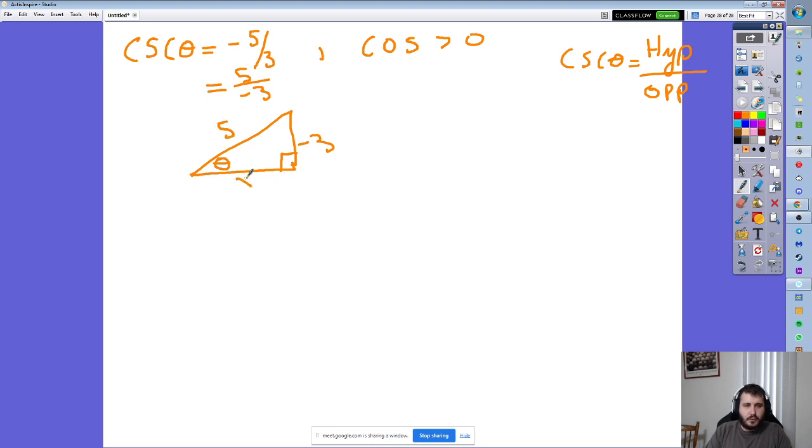And I need that. I don't have it. Because I want to write all 6 trig functions, just like you've seen on Math Excel. It's like, hey, give me all 6. Okay, here we go. So I need to have the adjacent side before I do anything else. So let's use the Pythagorean theorem. Look what I get.